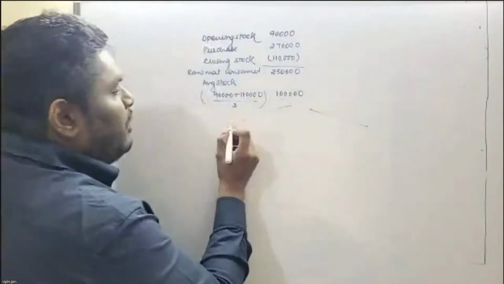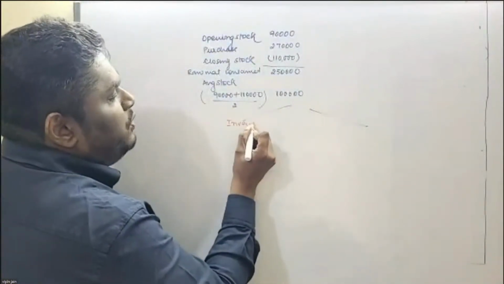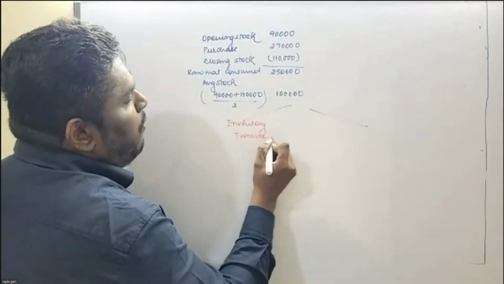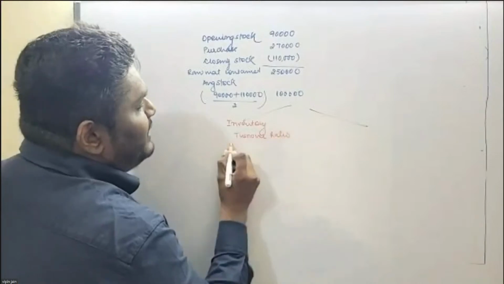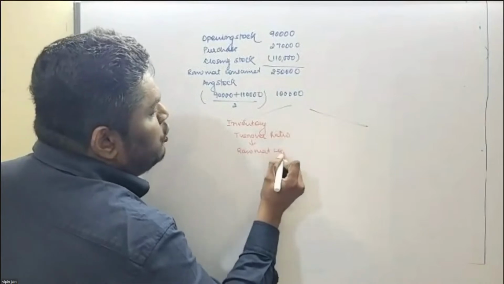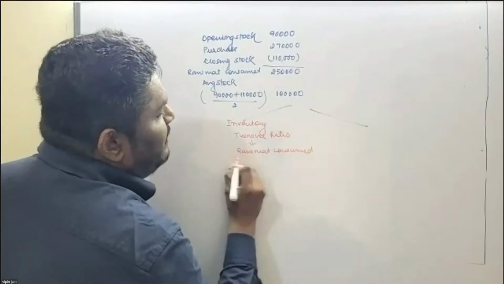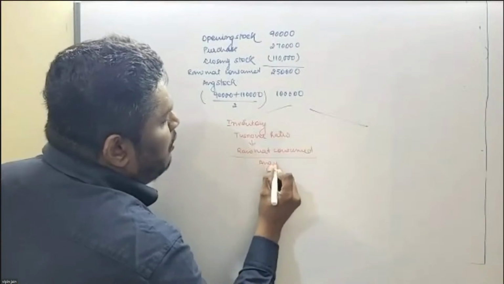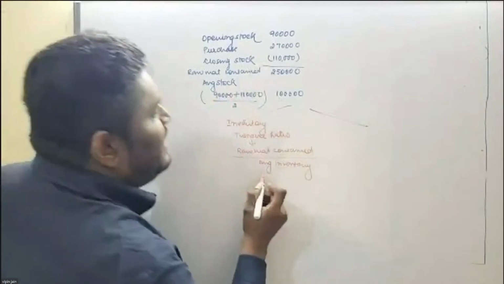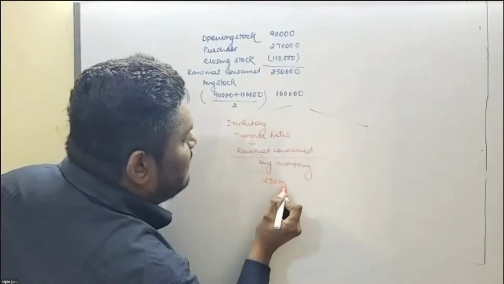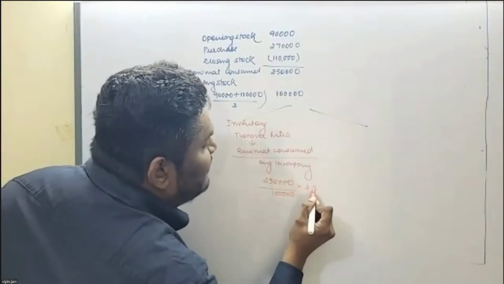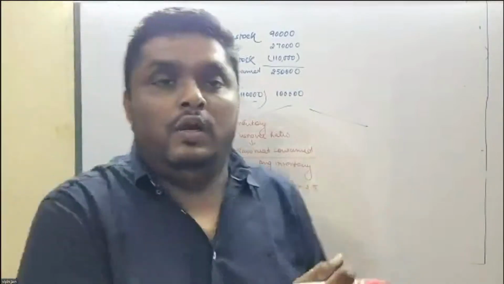When talking about the inventory turnover ratio, it is raw material consumed divided by average inventory. So my raw material consumed is 2,50,000 and my average inventory is 1 lakh. It means 2.5 is my inventory turnover ratio.